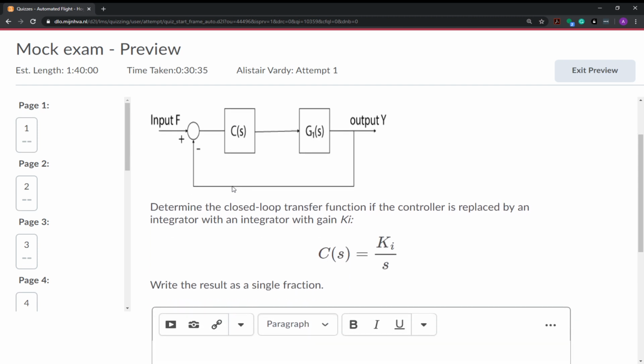Here we have a block diagram where we get given an expression for our controller.